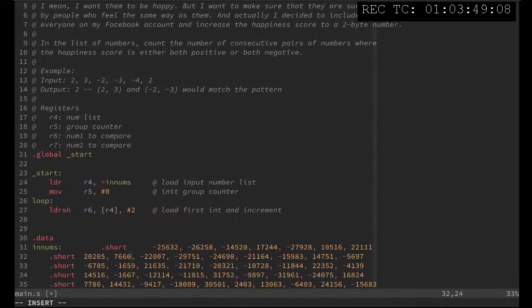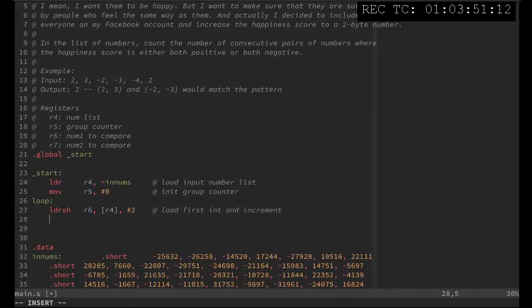And so we know that we're also going to have to load the second one. And again, increment 2 after. And so we need to test these. And if you look at the list of bit operations, you can see that there's one that may help us here.